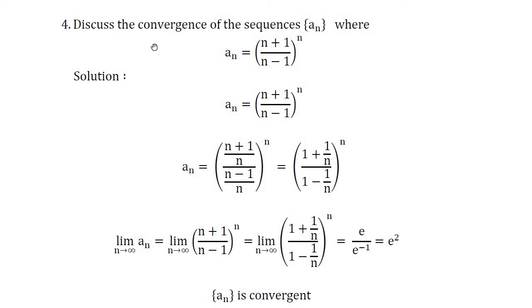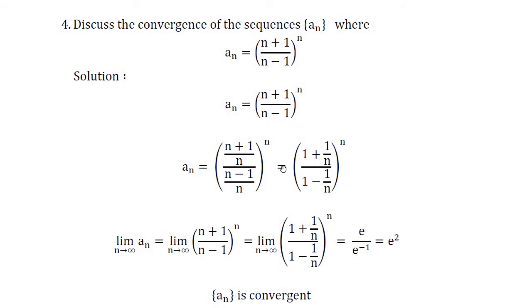Next one, discuss the convergence of the sequence an where an is equal to ((n plus 1) divided by (n minus 1)) whole to the power of n. Consider an. Here we divide n for both numerator and denominator. That becomes ((n plus 1) divided by n) whole divided by ((n minus 1) divided by n) whole to the power of n.